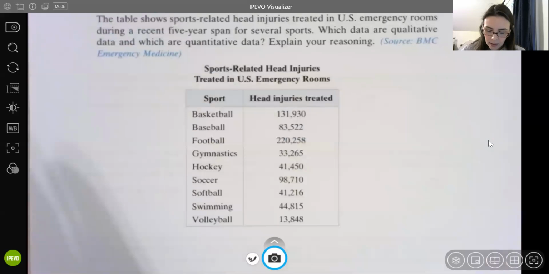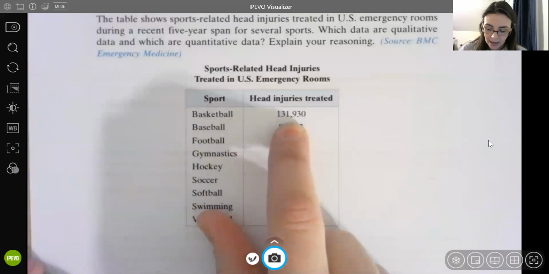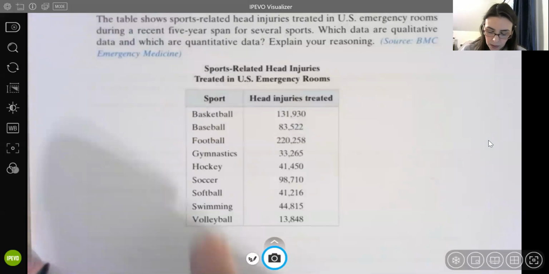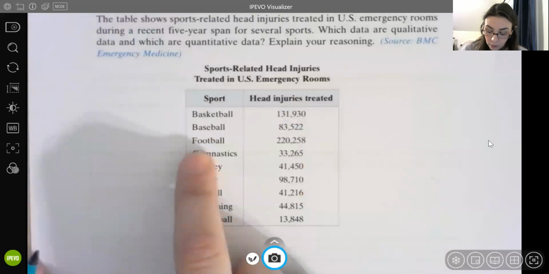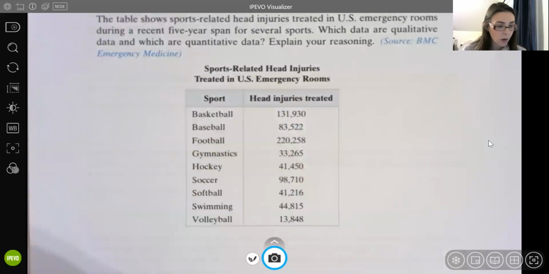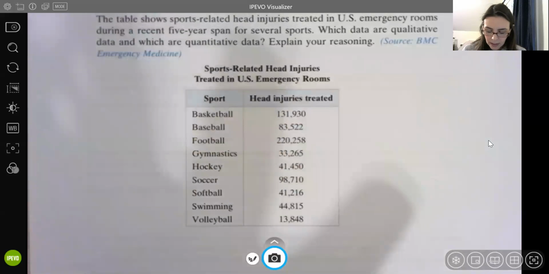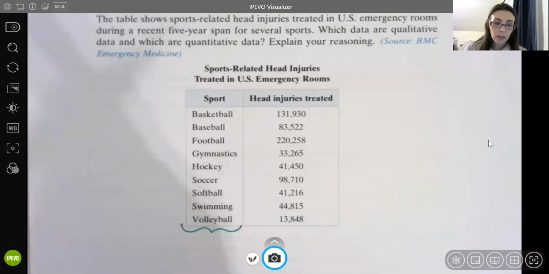So here we see that for basketball, there were almost 132,000 head injuries treated in U.S. emergency rooms. For baseball, around 83,500. Football in the lead with 220,000, and so on. So what we see here is this left column, the different sports.